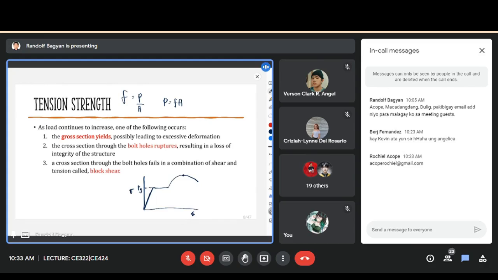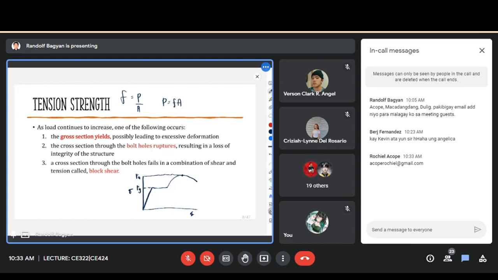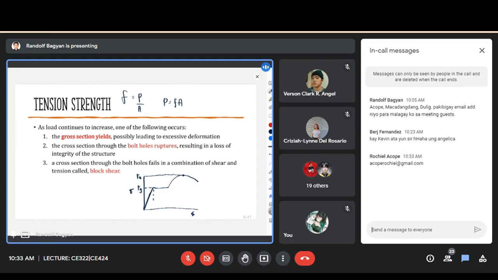Can you guys hear me? Okay, and dito sa rupture part, the stress here is your F sub u, or your maximum stress. Okay, so cross-section yields, hanggang dito lang siya. So magkakaroon na siya ng excessive deformation if it attains this Fy.